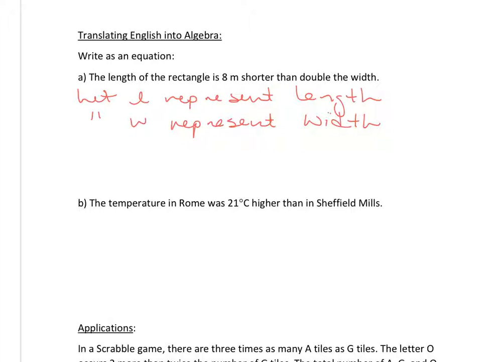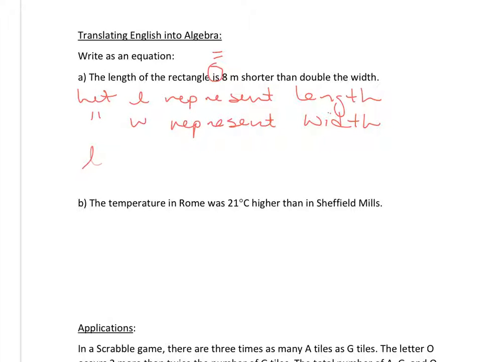Now that we have L and W, and we could have used different letters, but it's often helpful to use a letter that helps you to remember what it is, we could say that the length of the rectangle is, to me, that represents the equal sign.